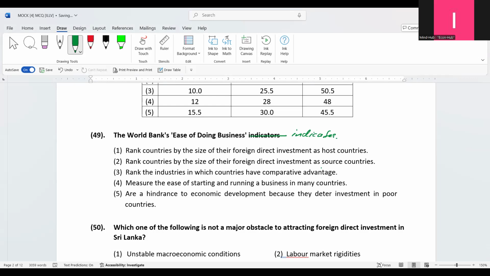Basically, it's a way of trying to understand how easy it is to start and operate a business in a country. So the best answer for me is number 4. How easy is it to go to a country and establish a business and run the business?